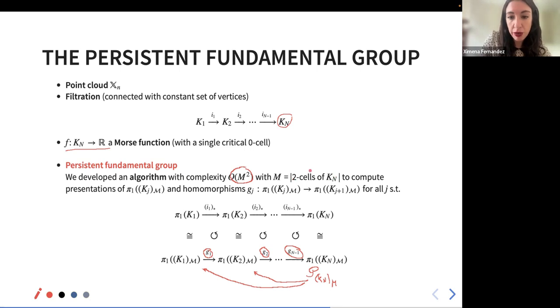So it's quadratic in the number of critical two cells that you have. If you have a very bad Morse function with many critical cells, then the upper bound is the number of two cells of this complex. So the complexity depends on the number of critical two cells, and you can't make that direct comparison.